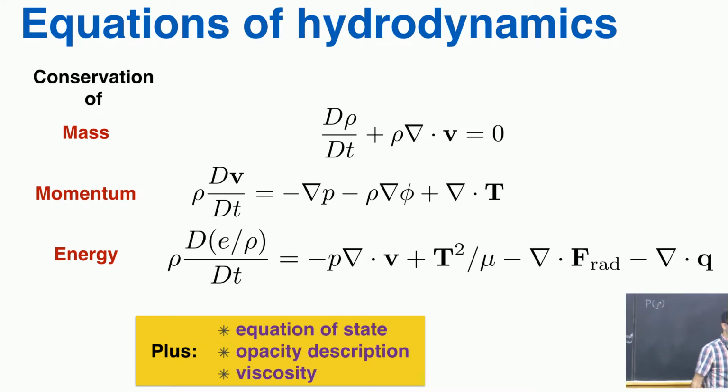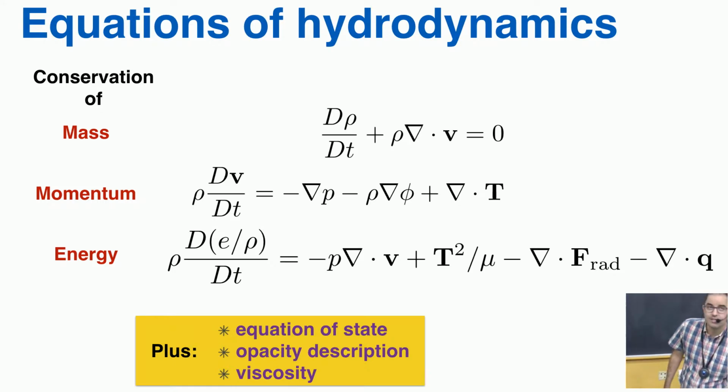And if you have radiation, you need to describe how the radiation interacts with your fluid, in other words, an opacity description, and also what is dissipating energy and heating up the flow, in other words, a description of the viscosity.